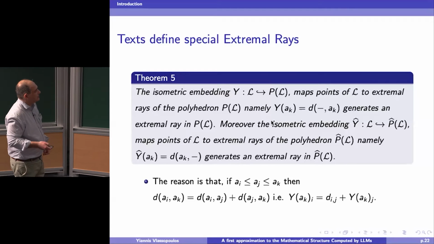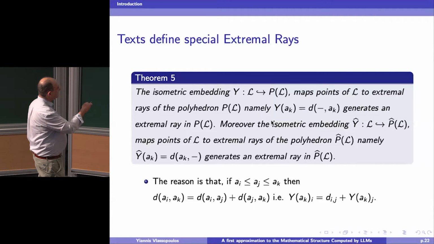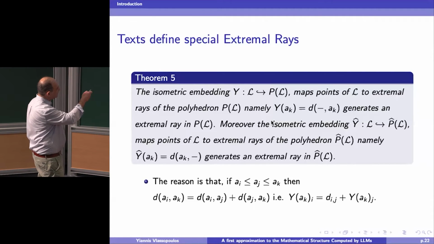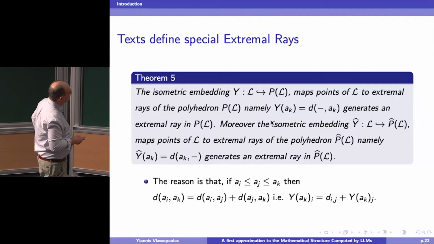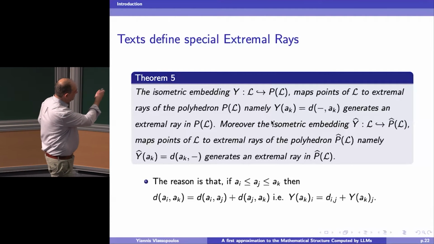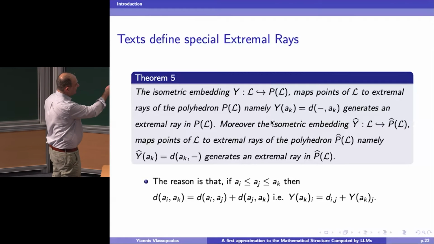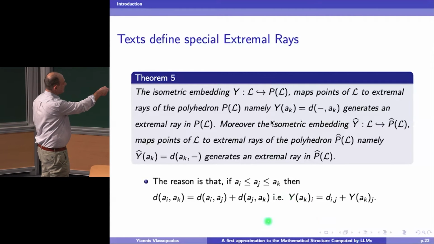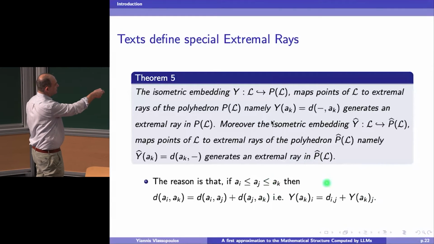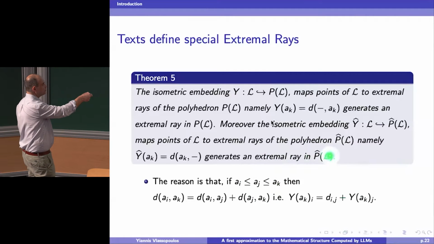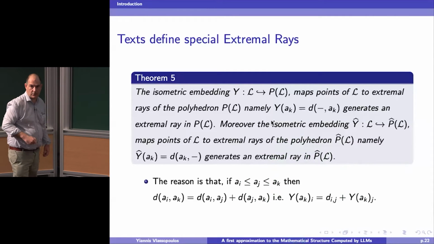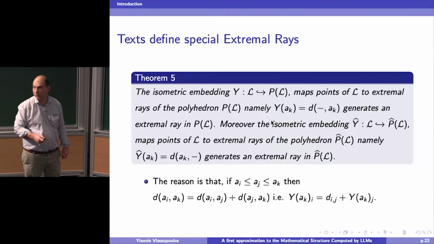The basic reason is very simple: if you have AI less than or equal to AJ less than or equal to AK, then this inequality becomes an equality. What this means is that the corresponding Yoneda vector satisfies the defining equation of the polyhedron as an equality. So if you have enough of those, you get an extremal ray.